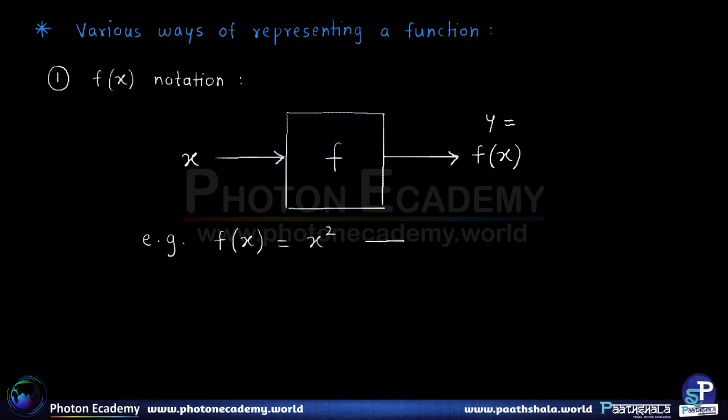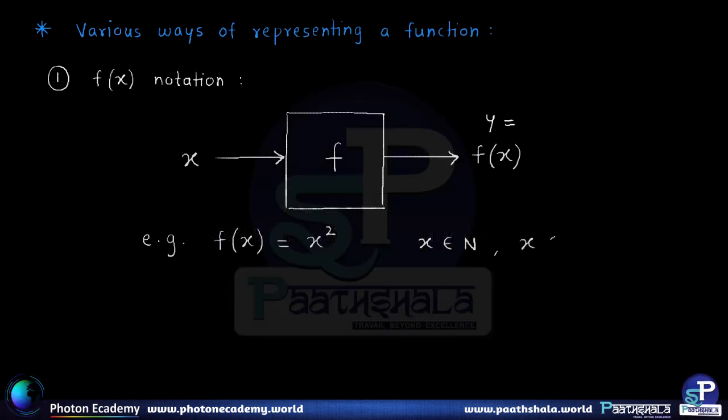Now we have to keep in mind that like a relation, this function will also have some domain, codomain and range. So here let us restrict the values of x to natural numbers and say x is less than or equal to 4. Now the values which are allowed for x in this particular example of function are the natural numbers less than or equal to 4.